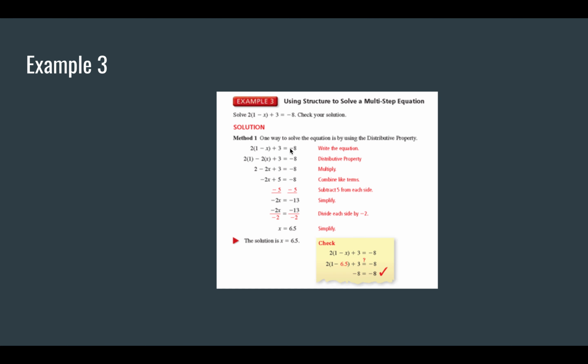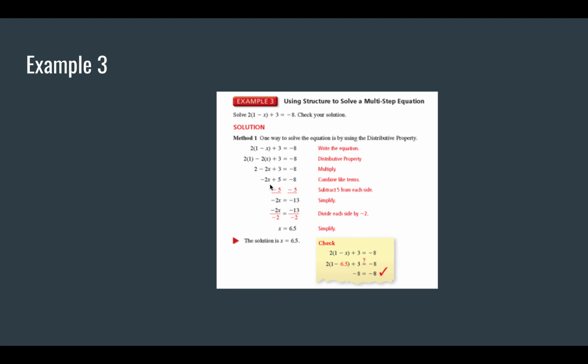And the distributive property is when you're multiplying something in parentheses, you can multiply the value on the outside by each number in the parentheses. So here is 2 times 1 minus 2 times x, as you see right here. And then multiply them, so multiply these two.